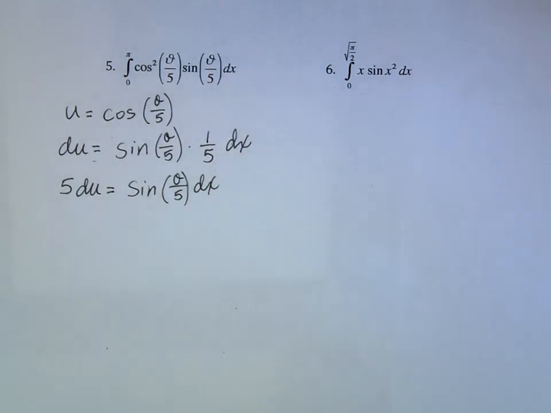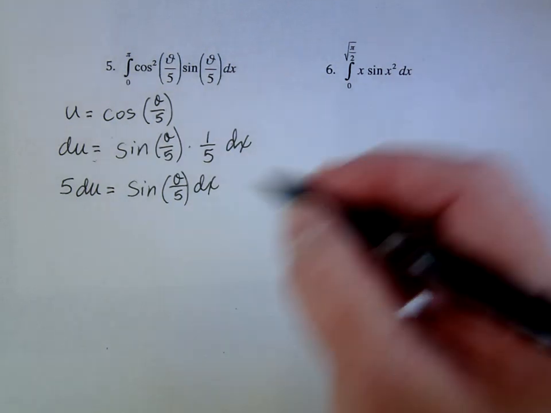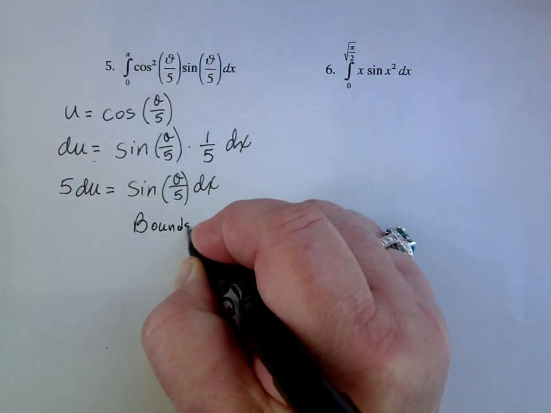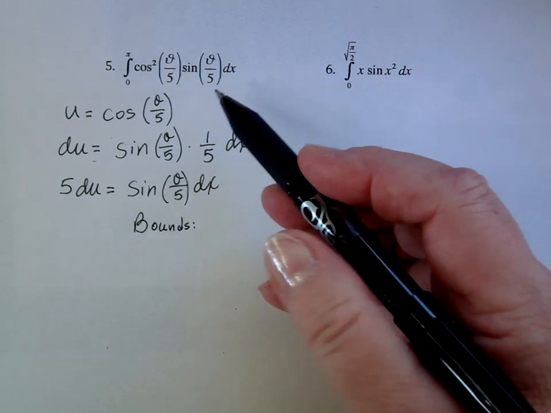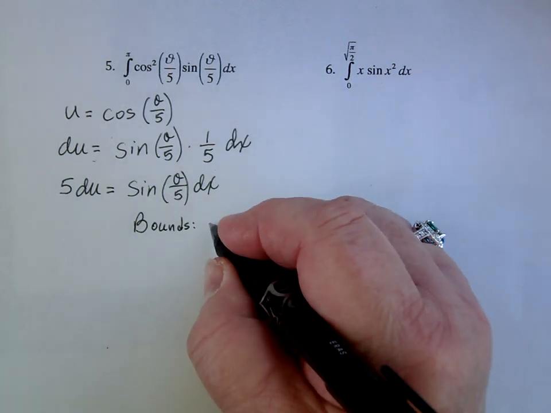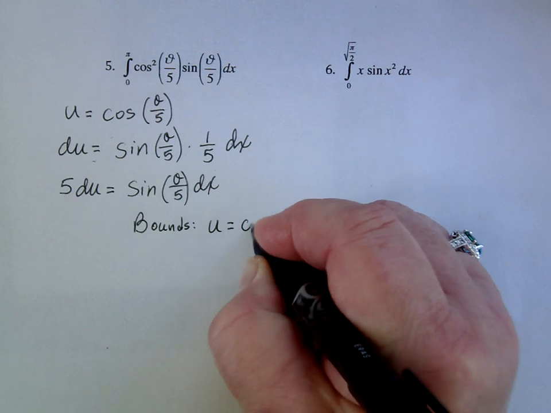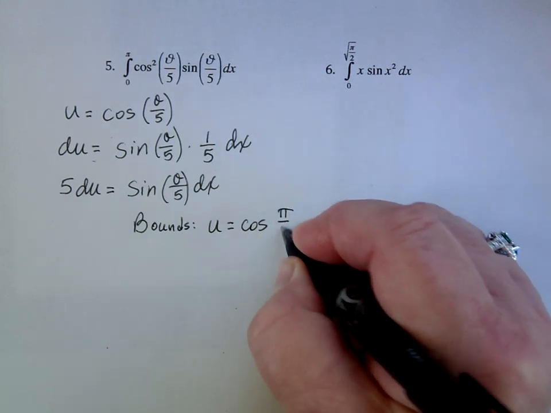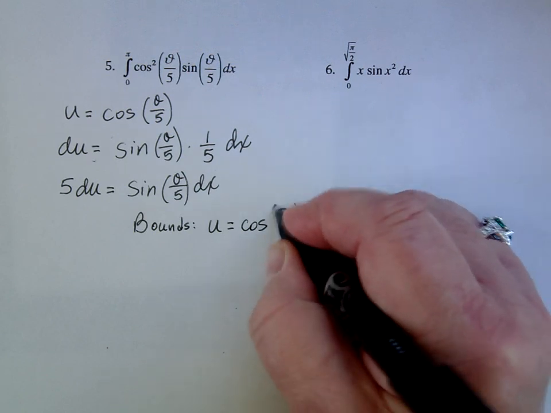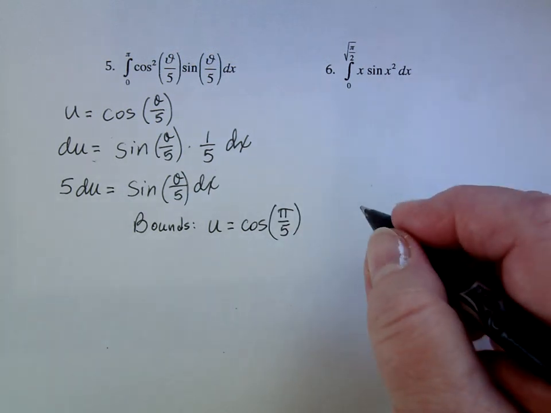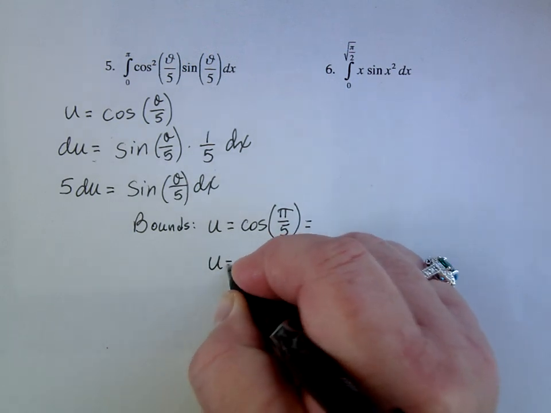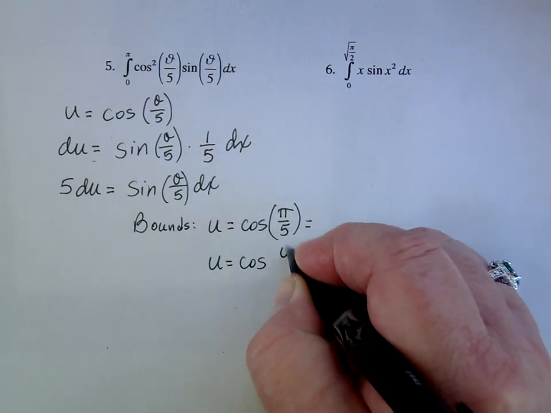So I can now change my bounds. Let's go bounding. For my bounds, I'm going to have my u is the cosine of my top guy, pi over 5. And my bottom bound is going to be the cosine of 0 over 5.